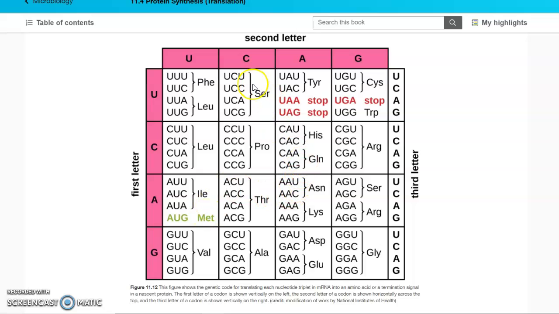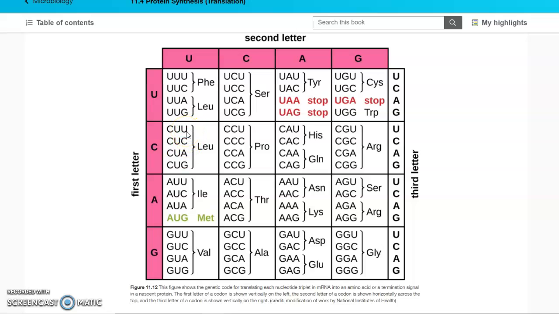What you'll notice for most of the rest of the amino acids is some redundancy. For instance, leucine. As long as the first letter is C and the second letter is U, that's going to be leucine. So we have redundancy in here, which means that some mistakes can be made that don't affect the overall protein.